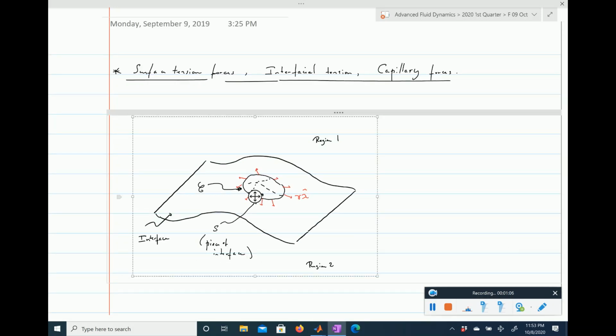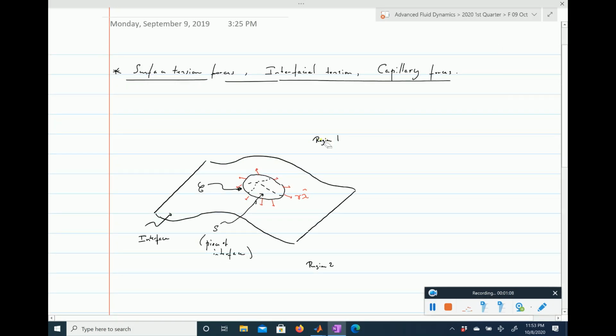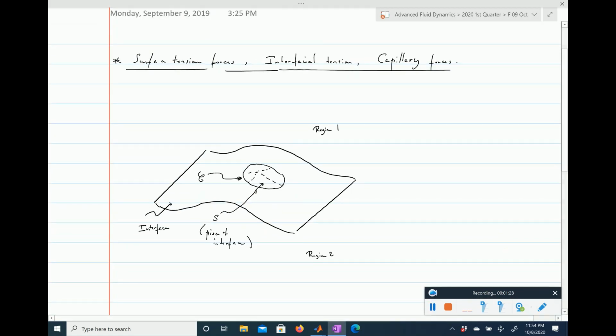Here again we have a fluid region 1 above our interface, fluid region 2 below the interface, and here we are isolating this little piece S of our interface, and we are asking the question, what are the forces applied inside of this surface? So here note that we have this piece S of our interface, which is arbitrary and imaginary, but it is separated from the rest of the interface by this contour C.